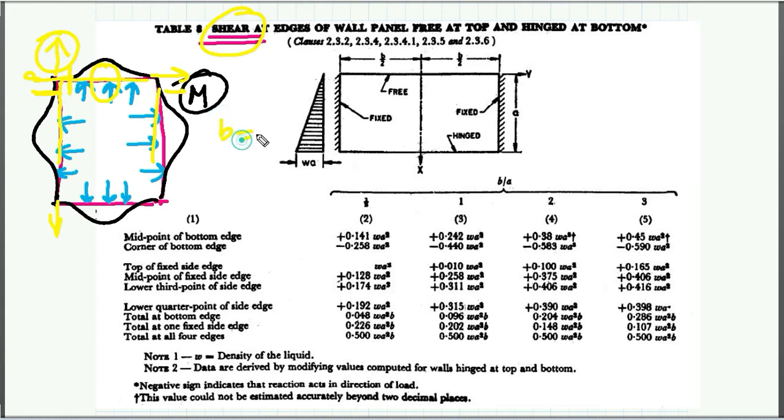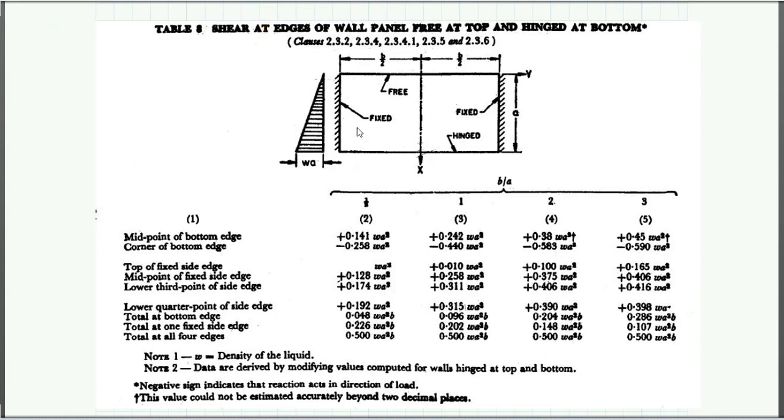B and C both are same, so we do not have any problem here. But if B and C are not same, we have to calculate the shear forces and moments separately for both the longer and the shorter sides. Now let's look into the shear force, how to find out the shear force coefficient. So you can find table 8 in the same IS 3370 part 4.